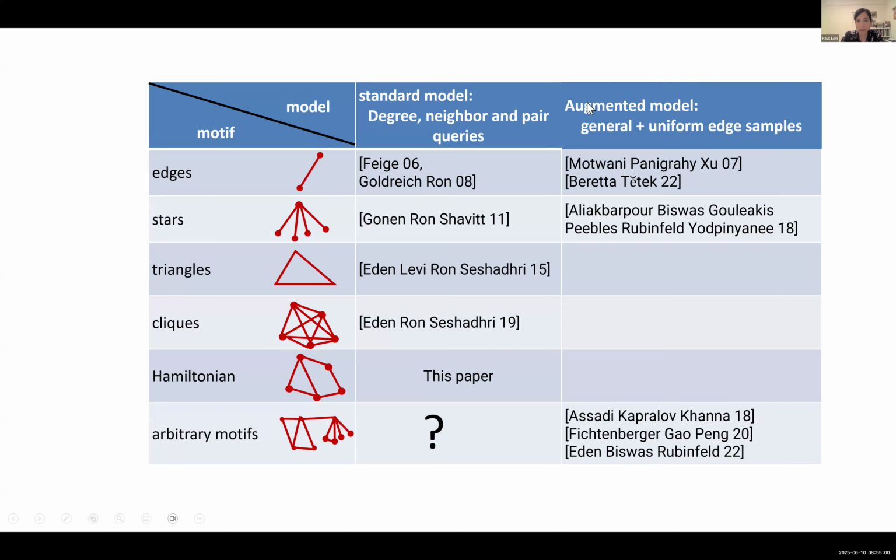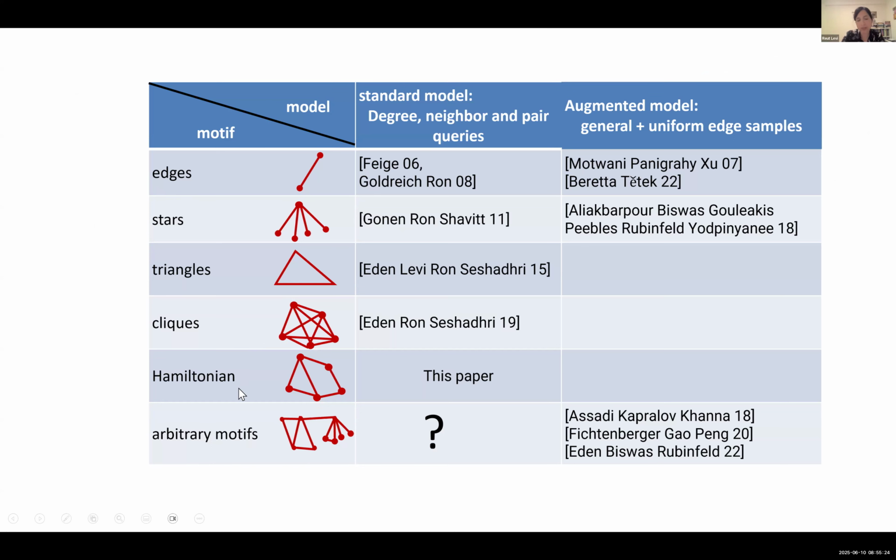So while in the augmented model it's possible to count arbitrary motifs in sublinear time, in the standard model it was shown that it is possible to count motifs which are edges, stars, triangles, and cliques in sublinear time.